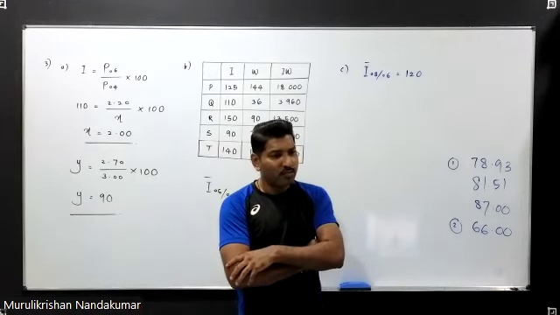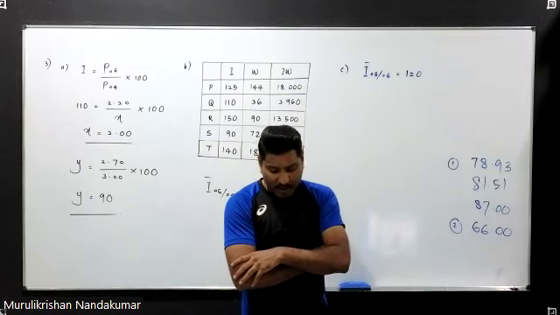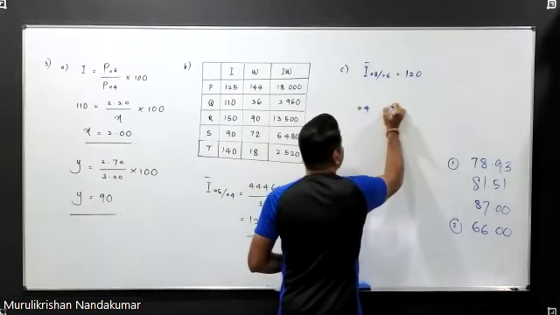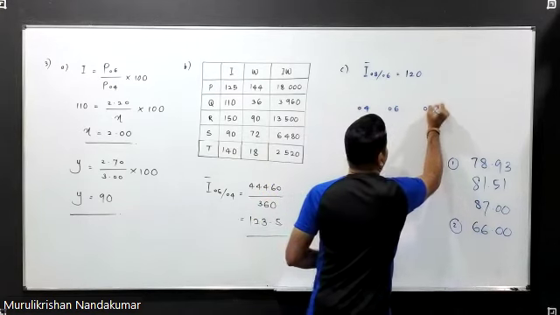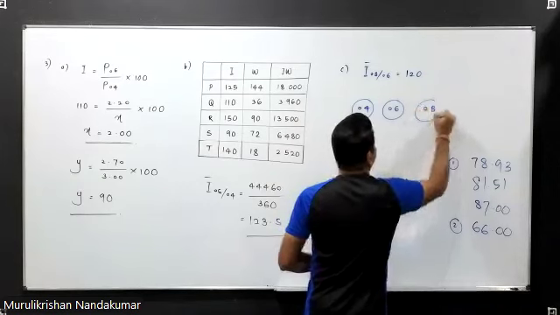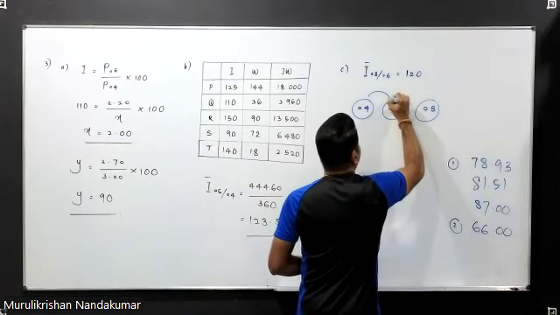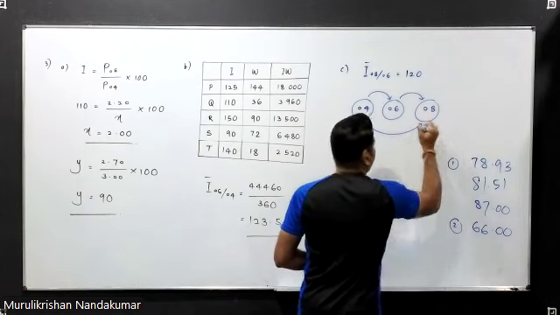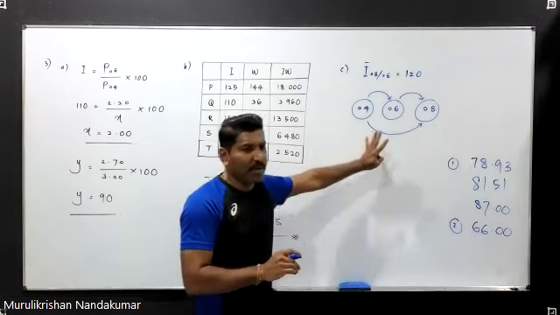Yes or no? I put 4, 6, 8 already. There are 3 years involved, so this is its system.